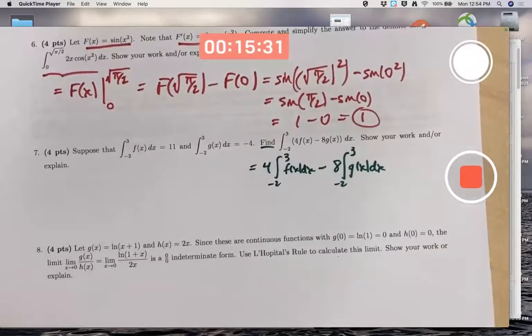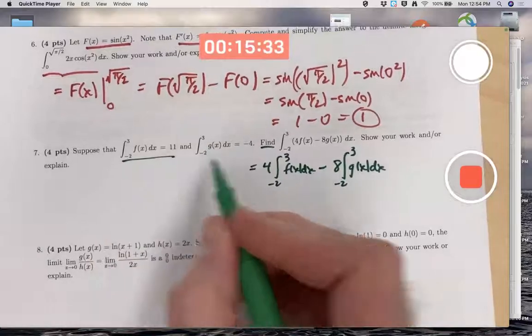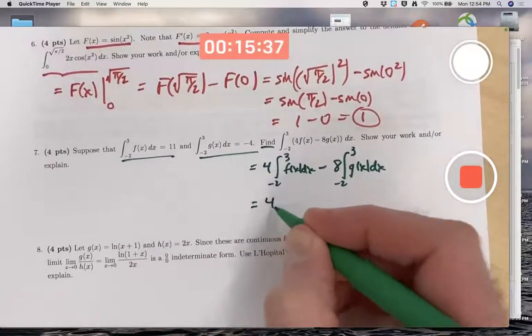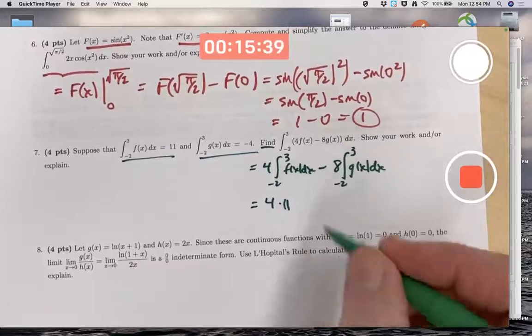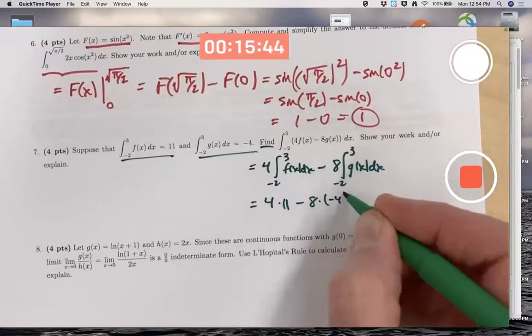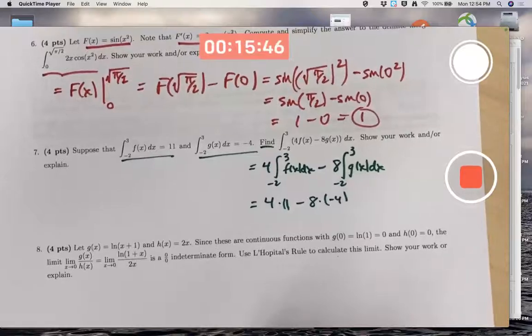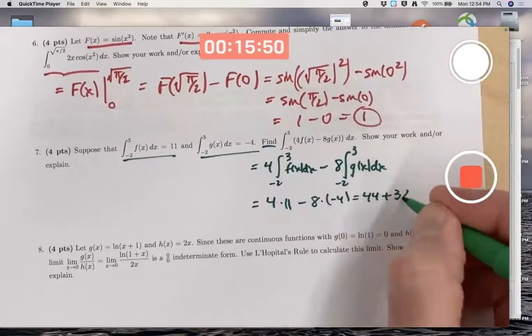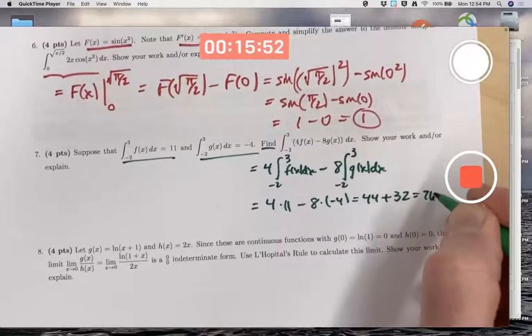Now just use what you're given. You're given that this integral is 11 and this integral is negative 4. Just plug those numbers in there. 11 in place of that integral, and negative 4 in place of this integral. Careful about signs. This is 44 plus 32. The answer is 76.